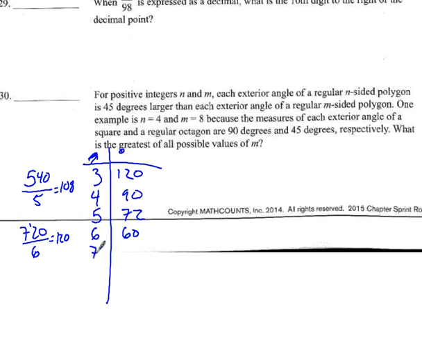For 7, 180 plus 720 is going to be 900 divided by, now that's just not an integer, so we know that's not okay. So then we know that for 8, so we have 10,080 divided by 8, so that is going to be 2, carry the 2, it's going to be 3, carry the 4, 5.